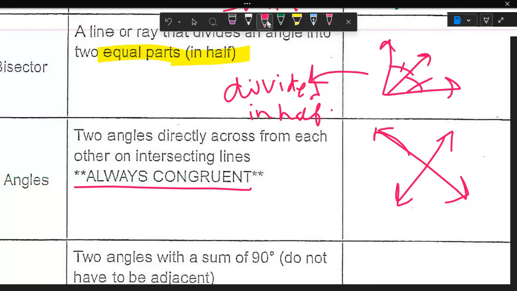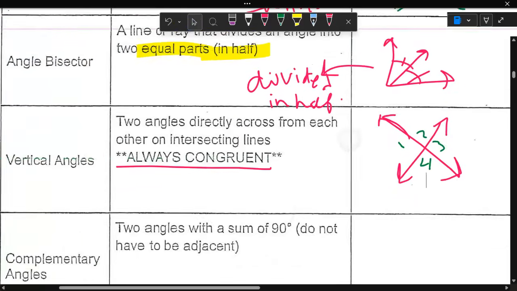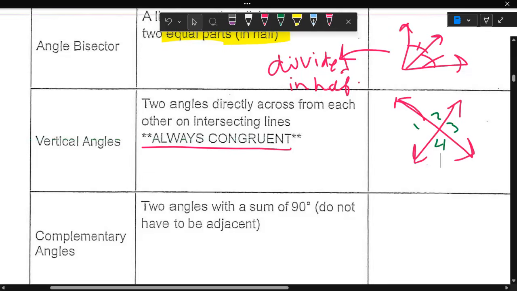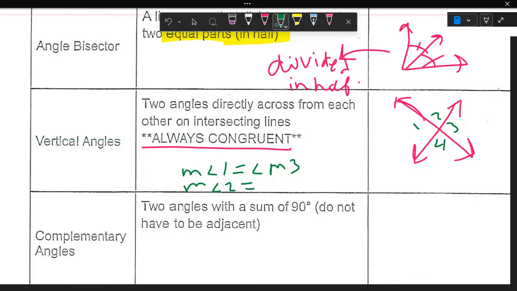This is vertical angles, so we got 1, 2, 3, 4. Now to describe this, we could say the measure of angle 1 equals the measure of angle 3. And same thing for the across angles. The measure of angle 2 equals, oops, I think I wrote that backwards, the measure of angle 4.